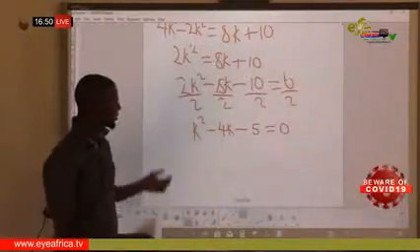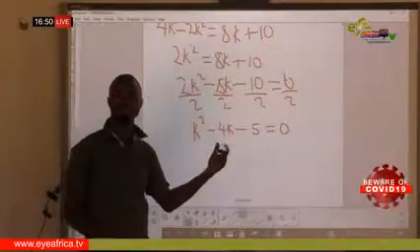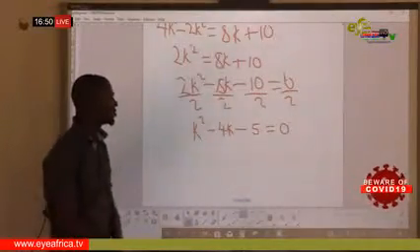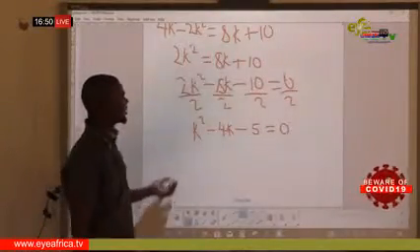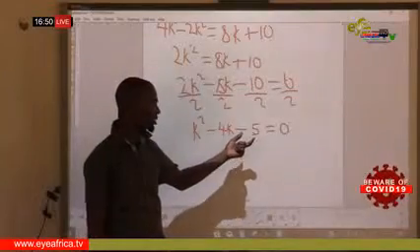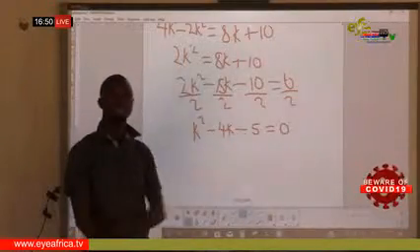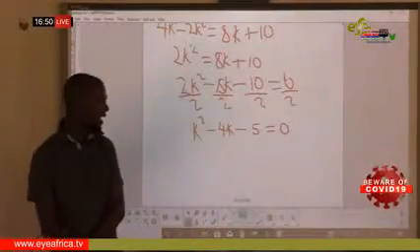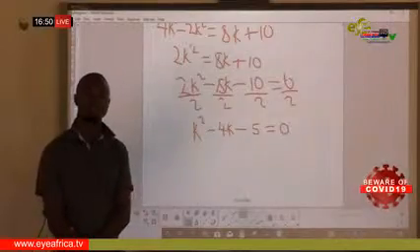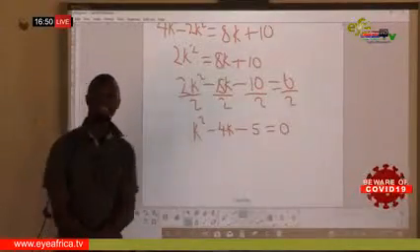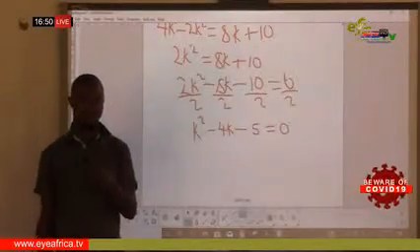If we solve it by factorization, we look for the two numbers which, if we multiply, we will have negative 5, and if we add them, we will have negative 4. So these numbers are negative 5 and positive 1.